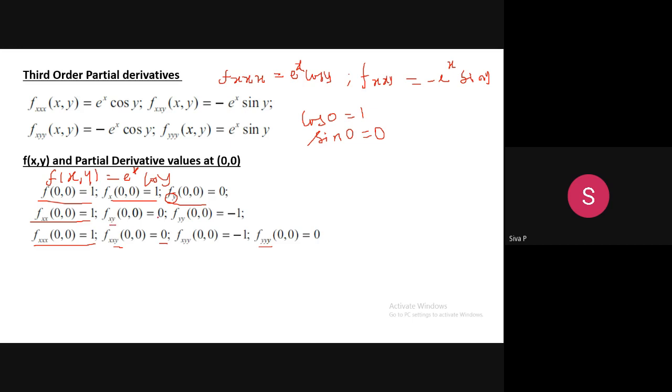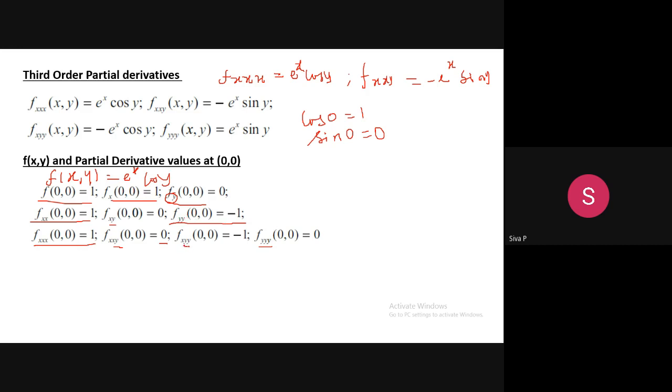In case 2 y's are there, 2 y's means you differentiated 2 times with respect to y. So 1 time you differentiate with respect to y, you will get sine. 2 times you differentiate with respect to y, you will get cos. So that value will not be 0. Please keep it in mind. Always, if an odd number of y is there, then that value is 0. In case an even number of y is there, that is not 0, that value will come.